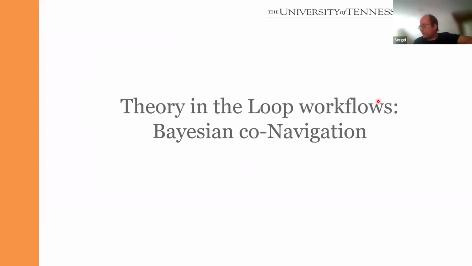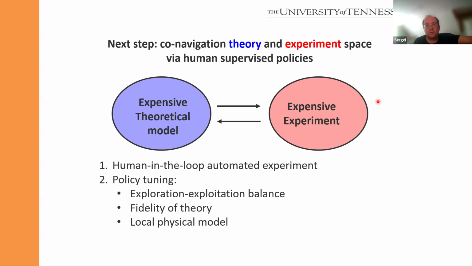Now, the last thing that I want to show briefly is what else can we do? How can we bring the theory in the loop? Notice that theory in the loop and digital twins is one of the most spoken about concepts now. And everybody has a different meaning of what the digital twin is.